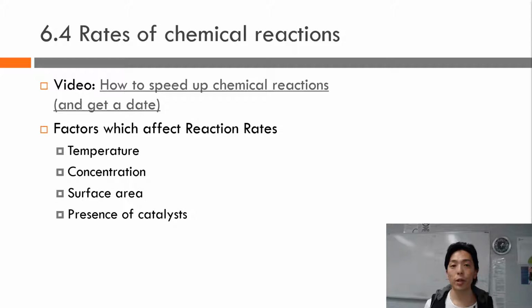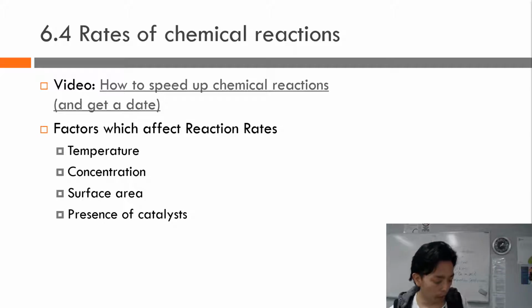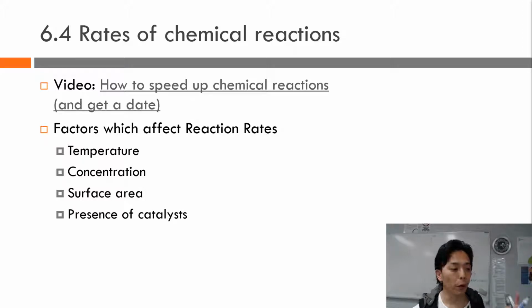Presence of catalyst. If there was some sort of catalyst available, how long would it take for, say, bread to be made? You might not be able to get the same fluffiness if you didn't have yeast, which has enzyme in it, which is a catalyst. If you didn't pick it up, let's add a note for catalyst.